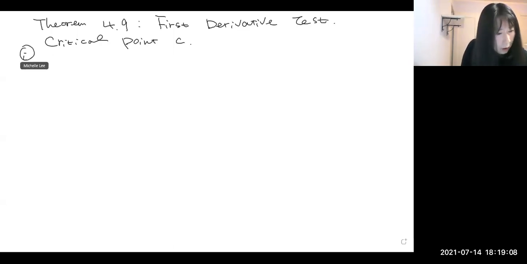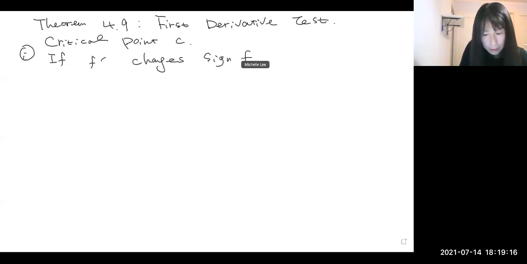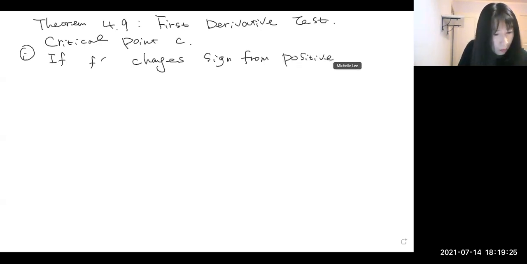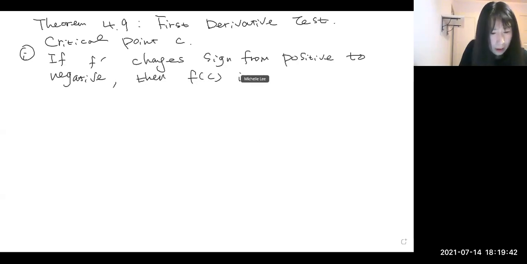Then the first one, if f prime changes sign from positive to negative, then f of c is a local maximum of f.